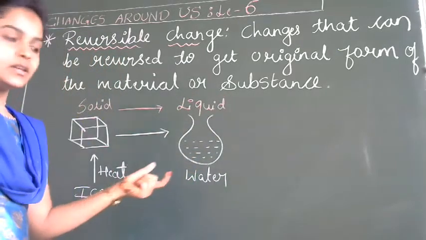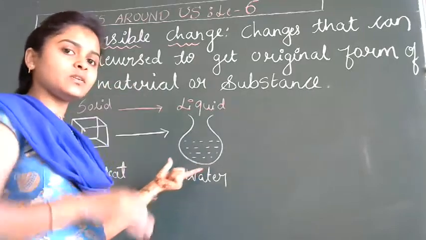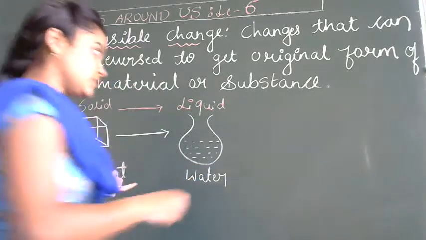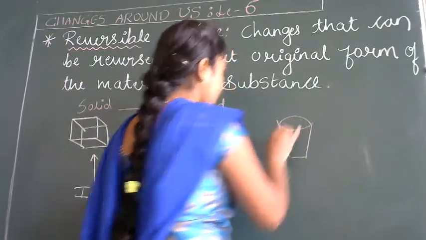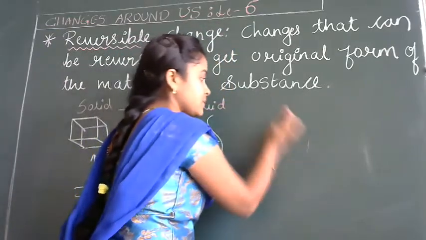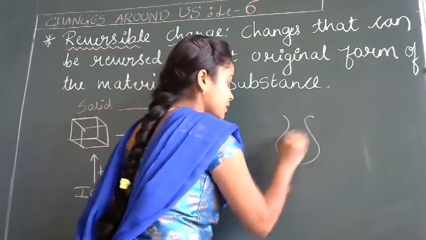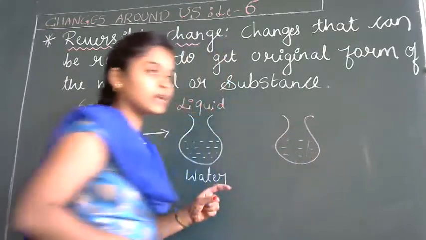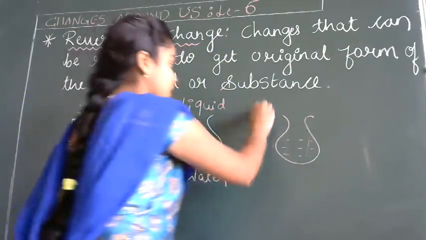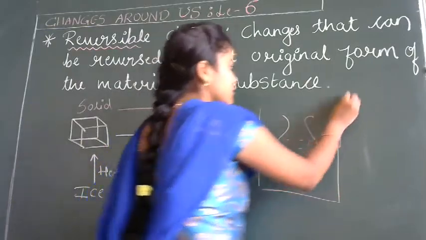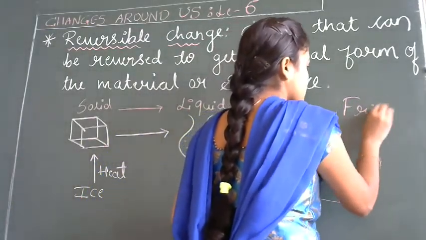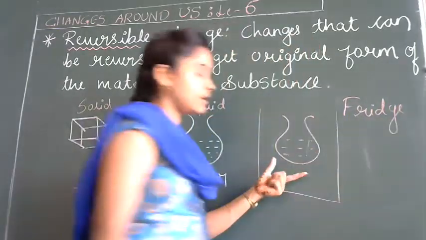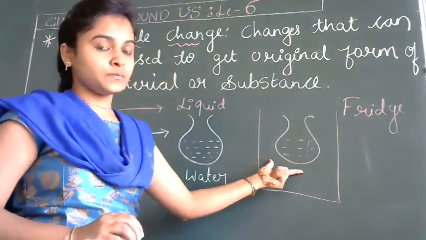Now again, this water I can change into ice. How? Here I show you. This is the water we have taken. I'll take this water and keep it in the refrigerator.